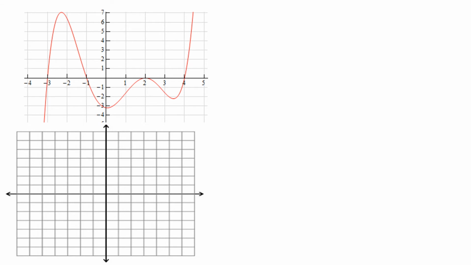Look at the graph. Here it is f of x. Now, if it is f of x, you have to draw f prime of x. It means the first derivative you have to draw.